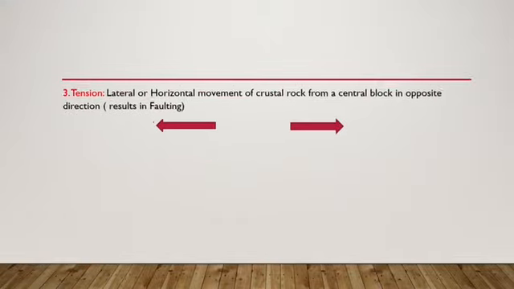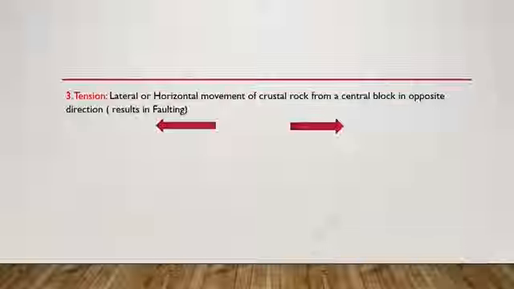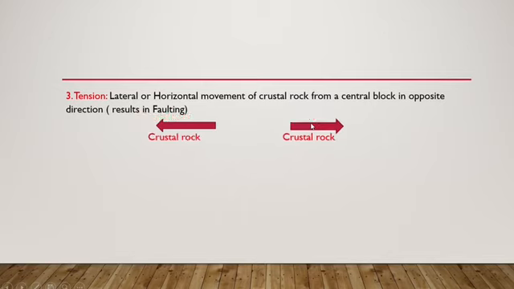We can talk about the tensional force. The tensional force also deals with the lateral or horizontal movement of crustal rocks from a central block in opposite directions, and this normally results in faulting. So you can see that here we have the crustal rock here, one here, and then the other also here. And so instead of being brought together or against each other, this time they move away from each other, and this becomes the tensional force.